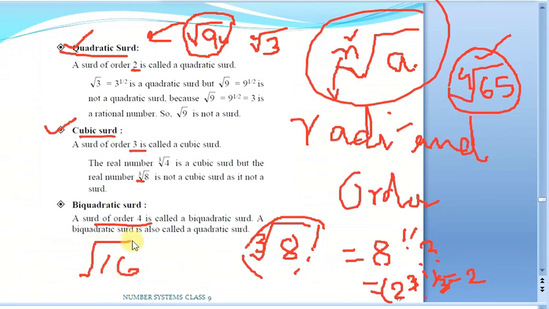Keep in mind I am writing this 4 inside the radical sign. If I write it like this, 4 times root 16, both are entirely different. This is 4 into root 16, this is 4th root of 16. Don't get confused, just be a little cautious when you use both notations. Here I am keeping it inside the radical sign.